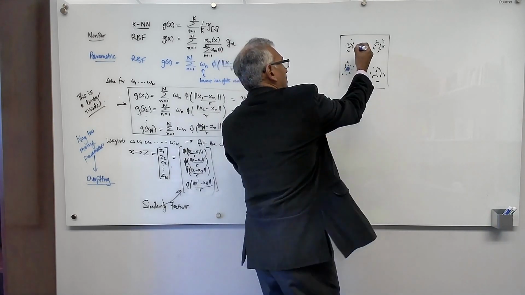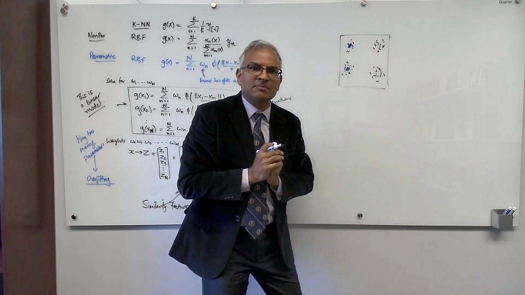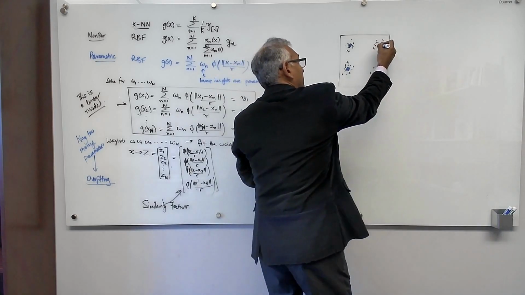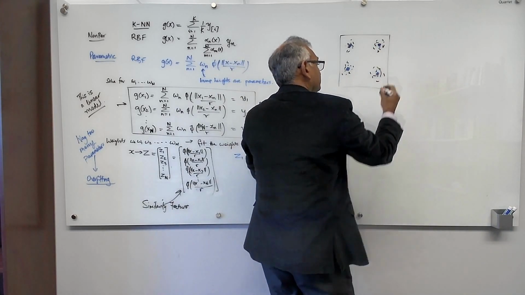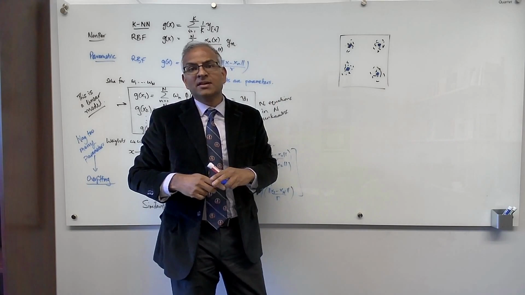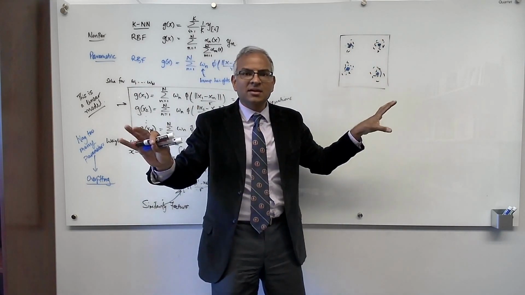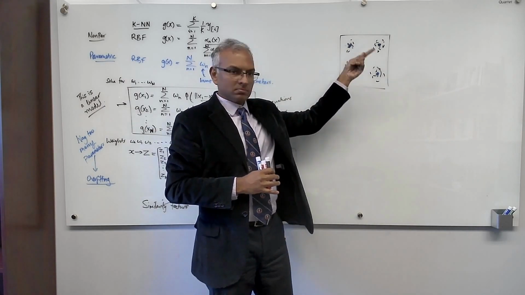And similarly, we will locate another bump at some center representative of some other data somewhere else, and a bump here, and a bump here. And you see that what we have done is identified the centers of the clusters of the data as the right places to place the bumps.